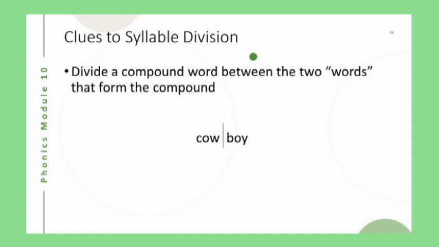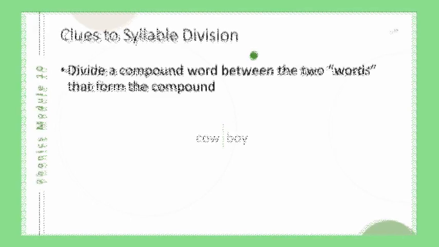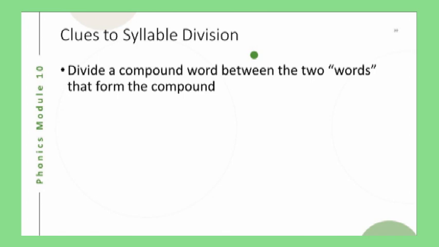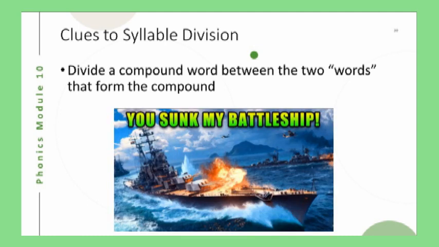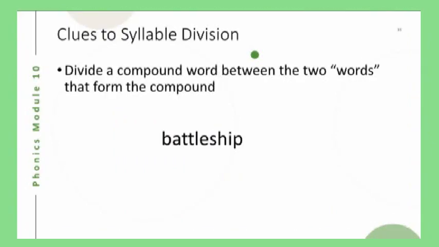When it comes to compound words, let us make this generalization. Divide a compound word between the two words that form the compound, as in cowboy. We expect each word in a compound word to represent one or more syllables. Now let us consider the compound word battleship. How many syllables do you identify in battle?